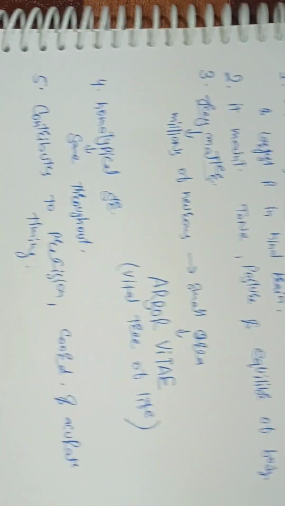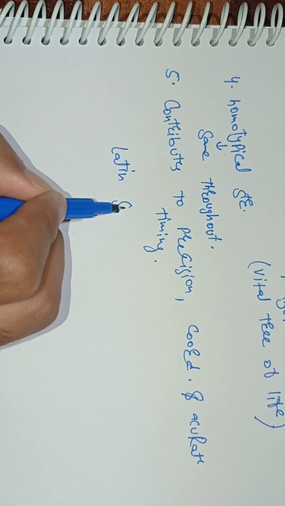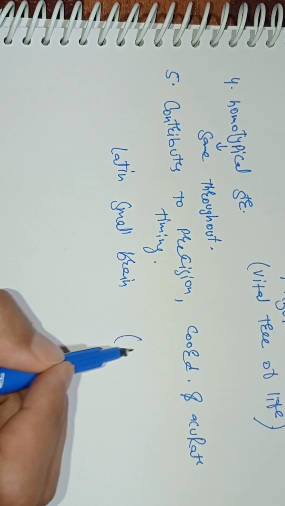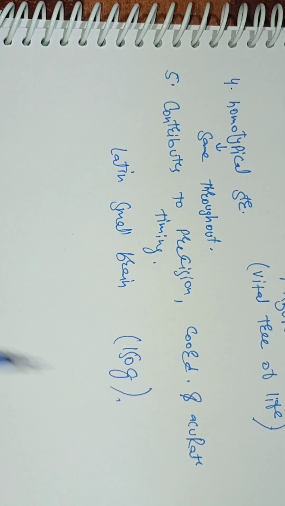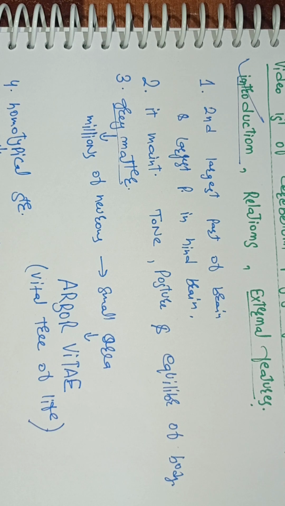One more point that we can add: in Latin, cerebellum means small brain. And the weight of the cerebellum is 150 grams. So number first point, it is the second largest part of the brain, it is the largest part of the hindbrain. It maintains tone, posture, and equilibrium of the body.